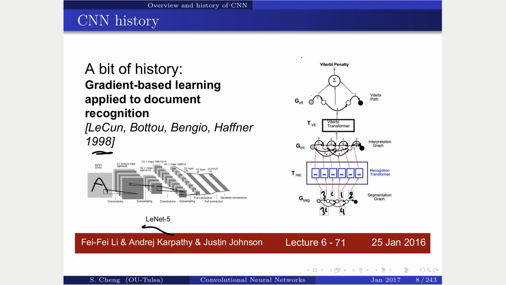This looks pretty complicated. I don't know what is going on here; I will talk about this later on. Of course, you need some pre-processing step just to segment the digits.